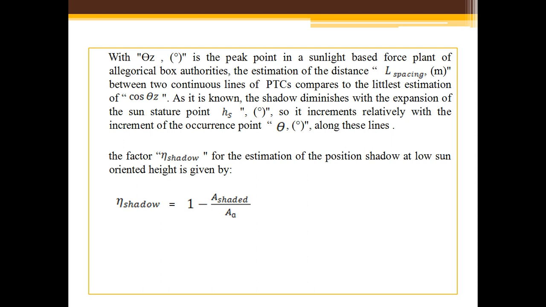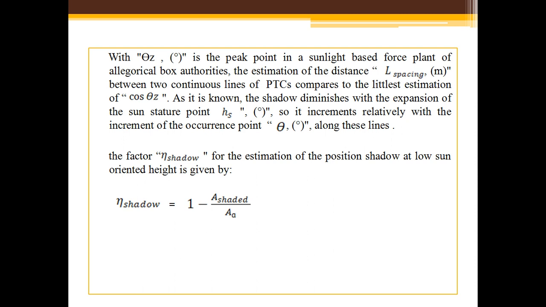Okay, with the zenith angle in a solar power plant of parabolic trough collectors, the distance and spacing between two consecutive rows of parabolic trough collectors corresponds to the smallest value of cosine zenith angle.